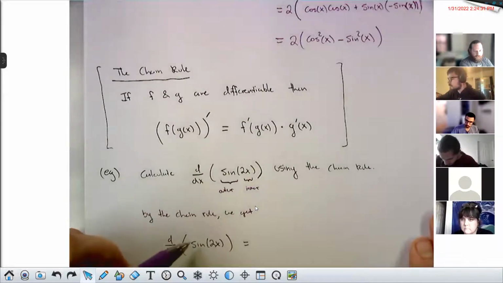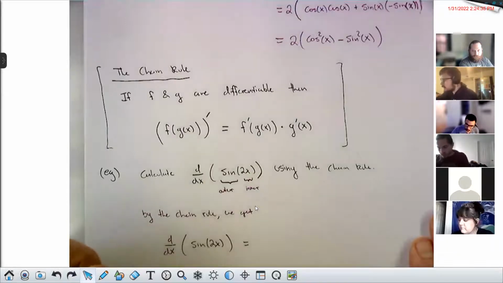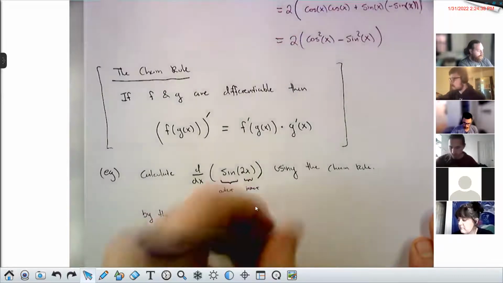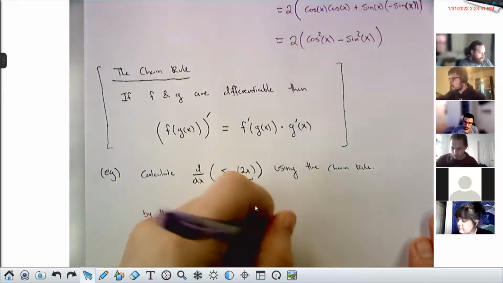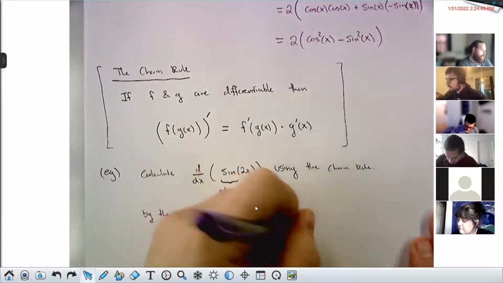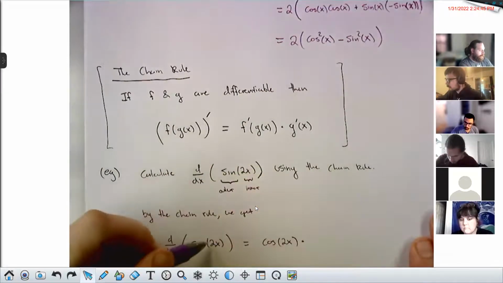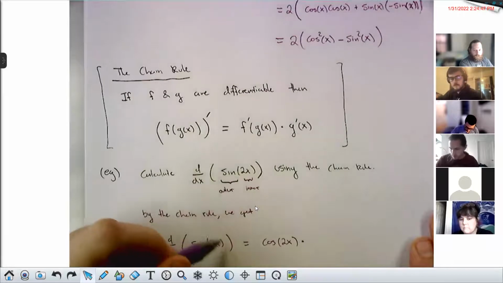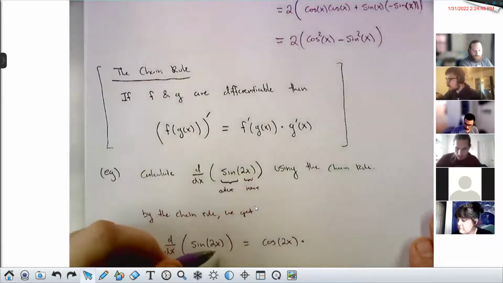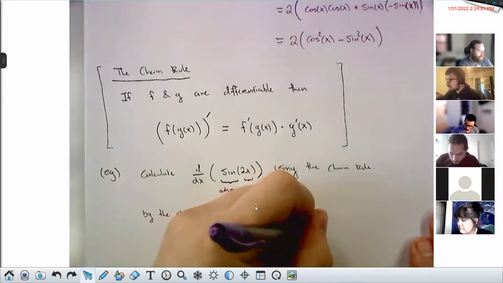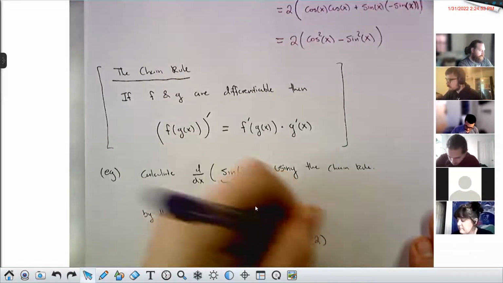So what's the derivative of sine? Cosine. And then we multiply by the derivative of the inner function. Here, the inner function is 2x, whose derivative is just 2.